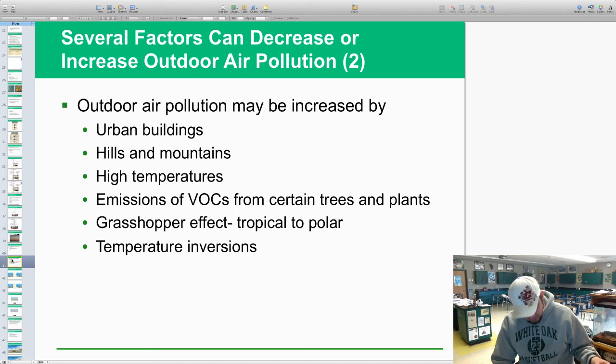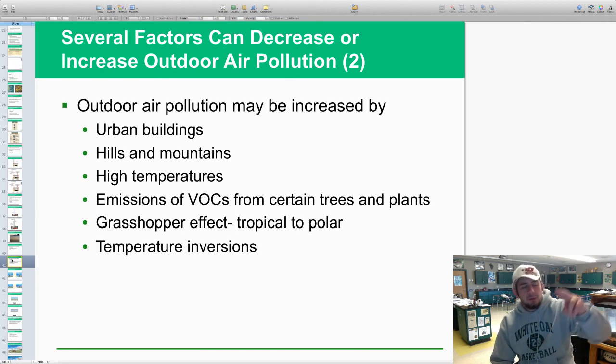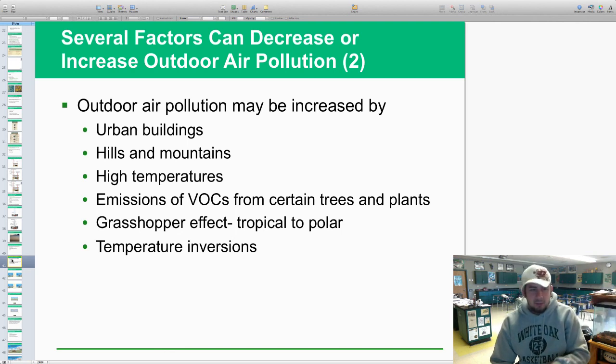This happens mostly in the winter and explains why for decades pilots have reported seeing dense layers of reddish-brown haze over the Arctic, as well as polar bears, sharks in the Arctic and other top carnivores, and native peoples in remote Arctic areas having high levels of toxic pollutants in their bloodstream and in their body. So because that's the way those air masses move, thinking about the Hadley cell, Ferrel cell, and the polar cell moving those air masses towards the poles, that's where we're seeing some of that.